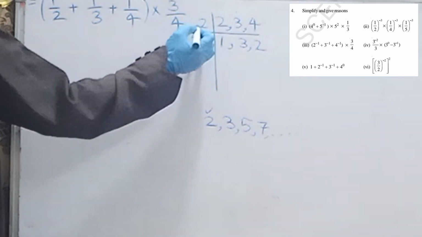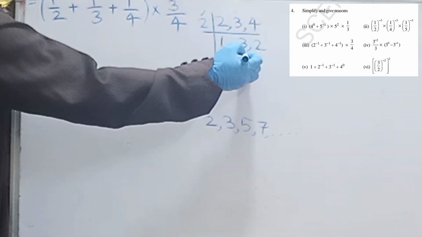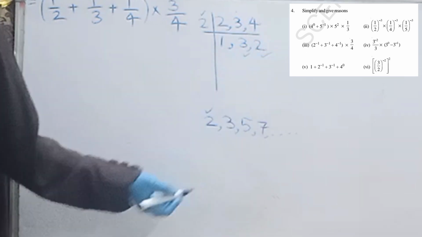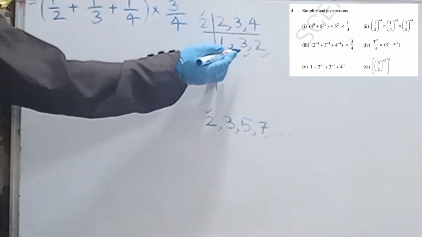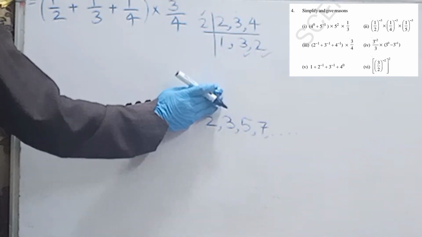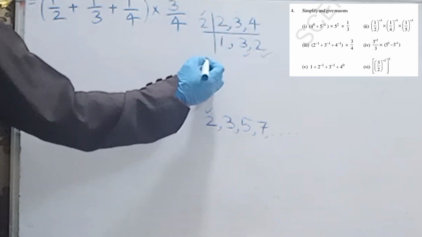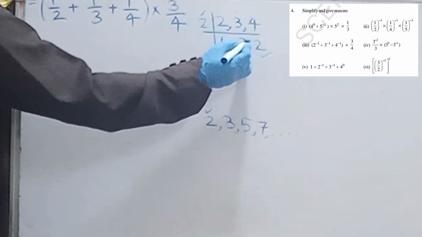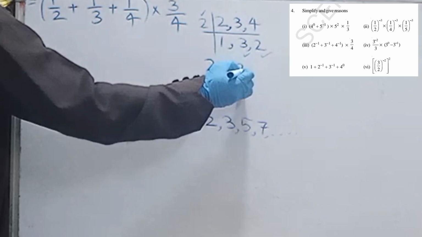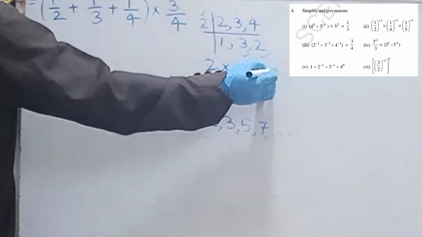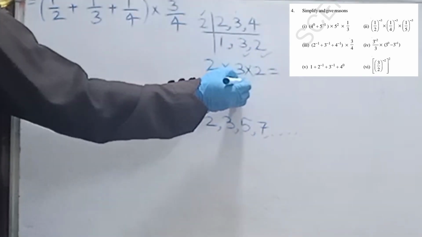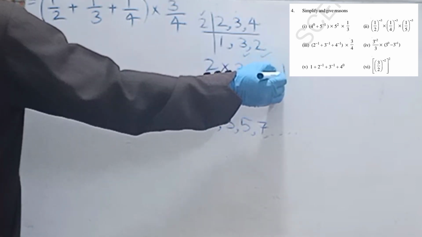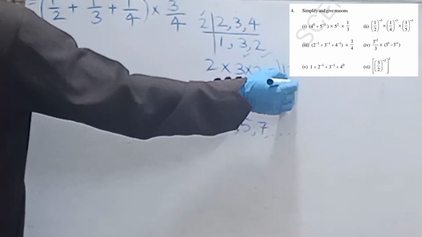Now in 2 table when we will get 4, 2 2's are 4. So now we got a prime number here. Here also we have a prime. Here also we have a prime. When we get all primes, we should stop this division and multiply all these things. 2 into 3 into 2. 2 3s are 6, 6 2s are 12. So our answer is 12.